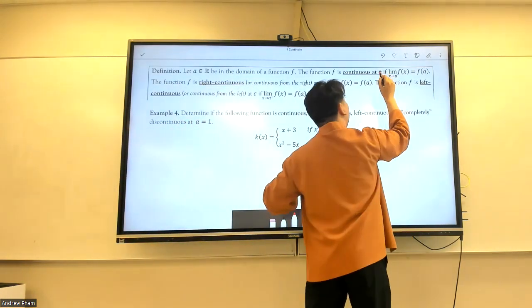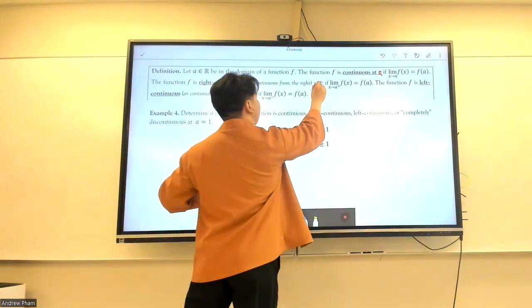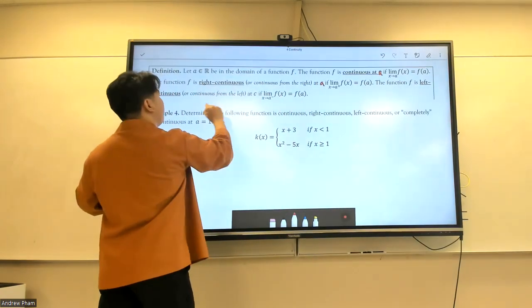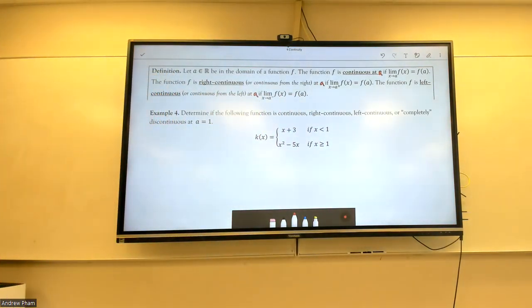This should be at A. Make all these C's into an A so that we're consistent. And then we're right continuous, or you say continuous from the right, if the right-hand limit is equal to my actual defined value. Left continuous, or continuous from the left, if the left-handed limit is equal to f of A.